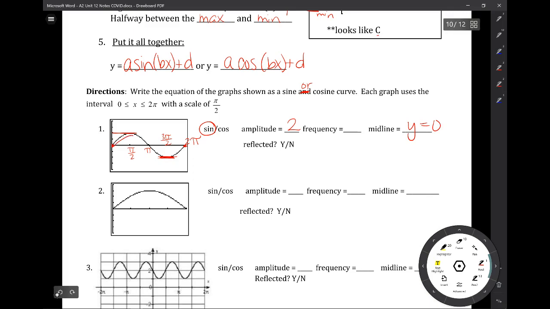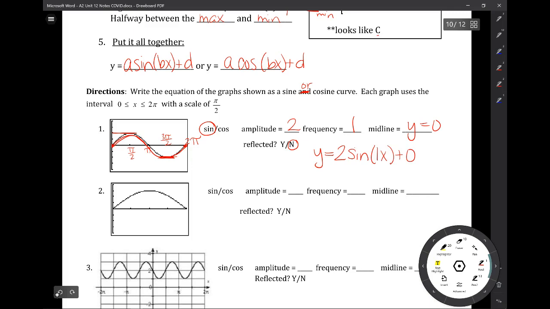And I see one full sine curve, so our frequency is 1. It is not reflected because it goes positive first, so that means we have a positive leading coefficient. And so when I write my equation, it's y equals the a value, our amplitude, sine of 1x plus 0.